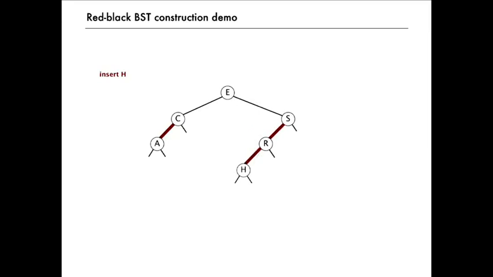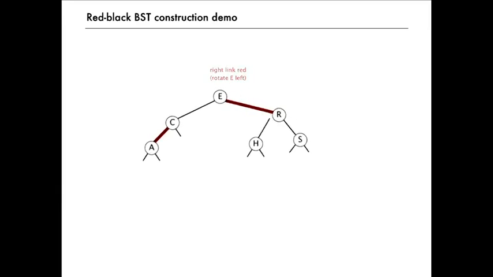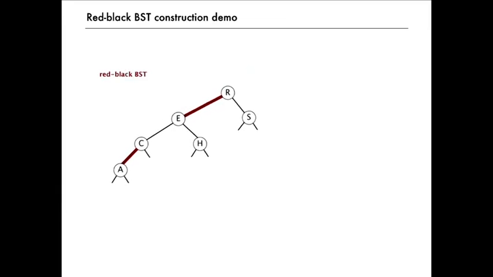We want to insert H, that goes to the left of R, 2 reds in a row, rotate the top. Rotate the top, our temporary 4-node is balanced, flip colors. Now we have a 3-node, but the red link is leaning right, so we have to rotate. And then now we have a legal red-black BST.